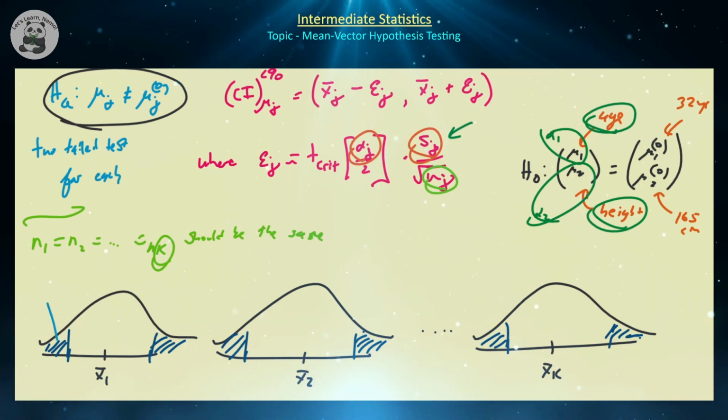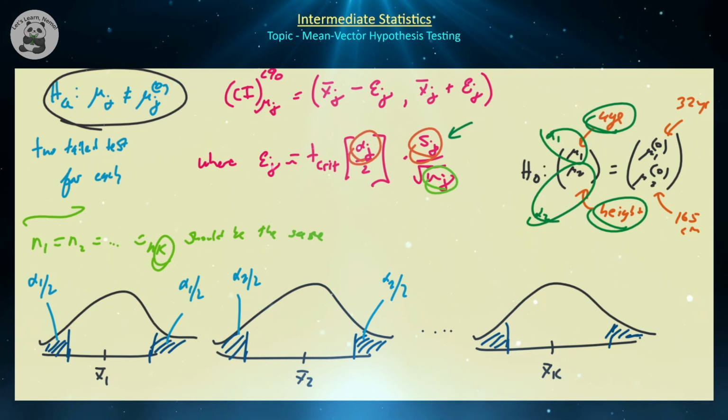So in each of these tails, we're going to have, for example, alpha 1 divided by 2 in each of the two tails of the distribution for x bar 1. We're going to have alpha 2 divided by 2 in each tail for the distribution for x bar 2. And we're going to have alpha k divided by 2 in each of the two tails of the x bar k distribution.